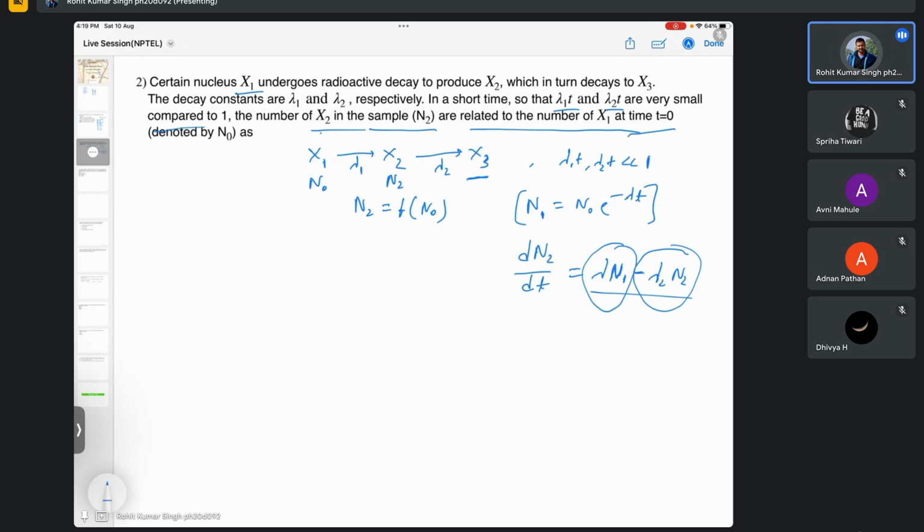If there had not been an X1 decaying into X2, then we would simply have this, right? But since there is an X1 which is feeding into X2 via radioactive decay, that's why we have the first term. Is that clear?